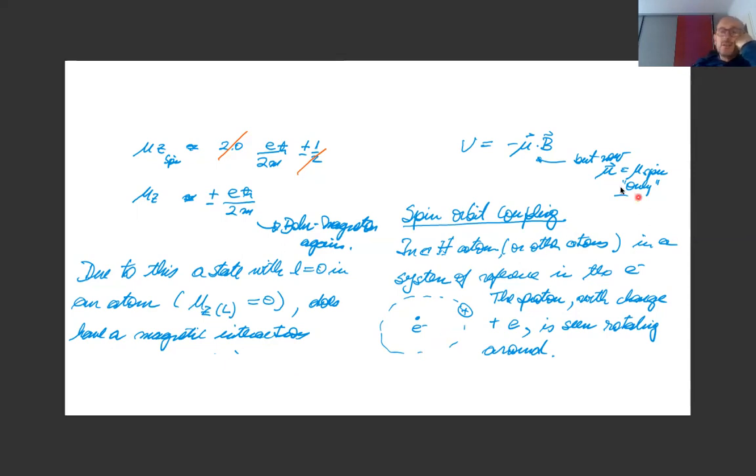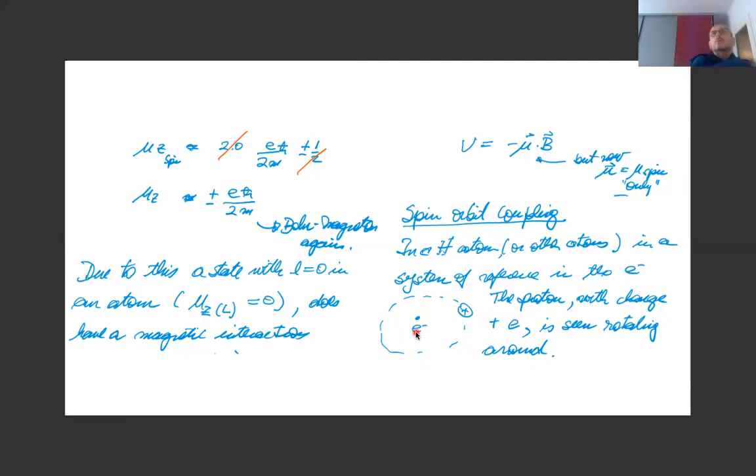Now, let's consider the concept of spin-orbit coupling. In the case of a hydrogen atom, if we put a frame of reference on the electron, what will we see if we stand on the electron?